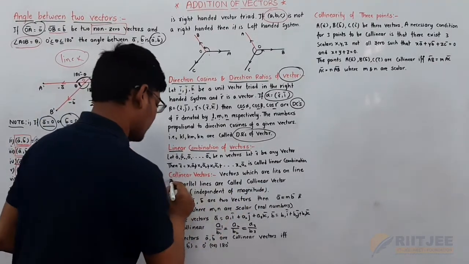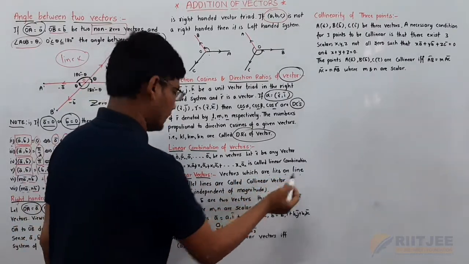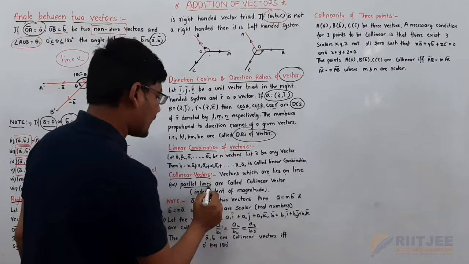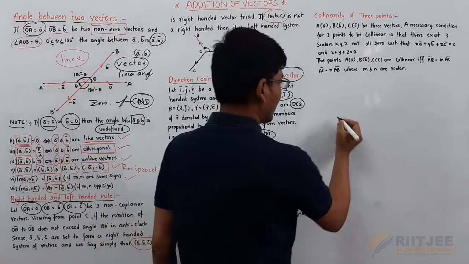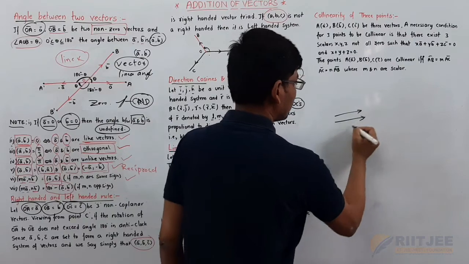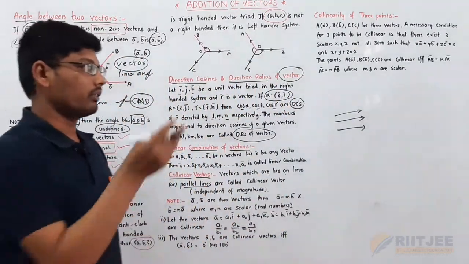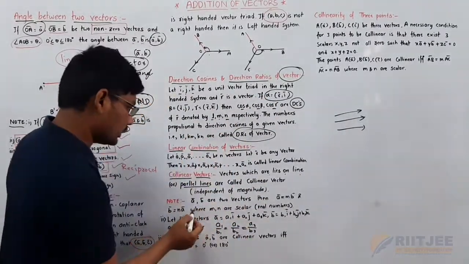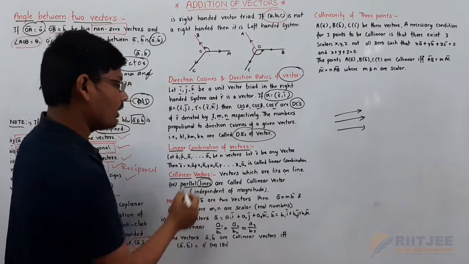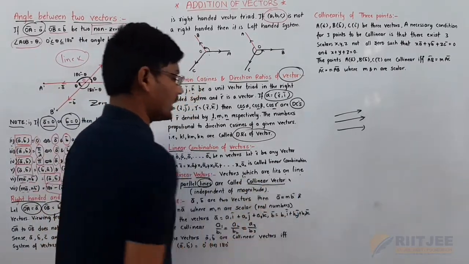Vectors which lie on the same line or on parallel lines are called collinear vectors. If the vectors lie on the same line, or if the vectors are parallel to one more line, then the vectors are said to be collinear vectors.